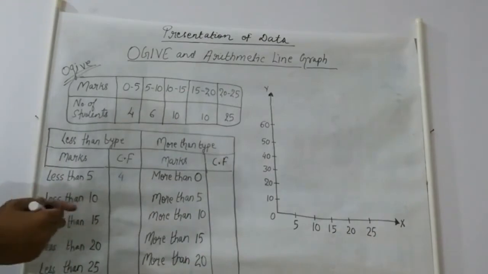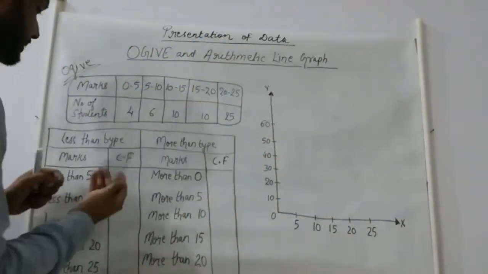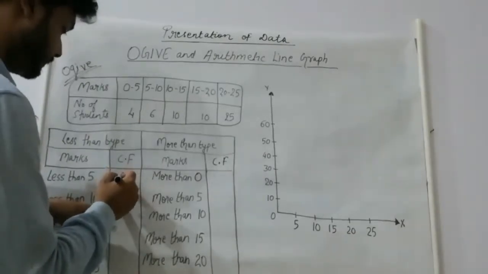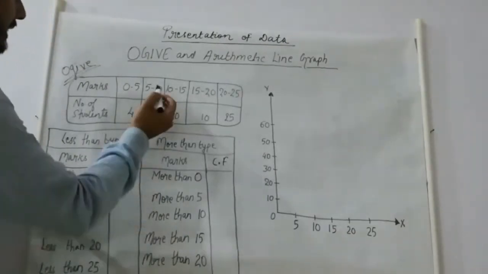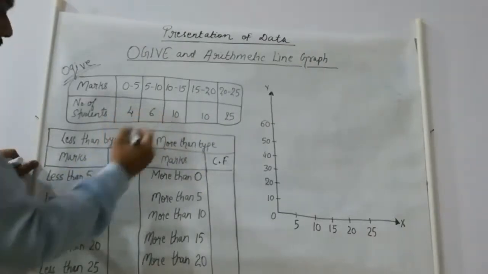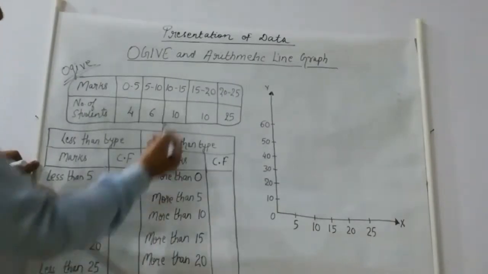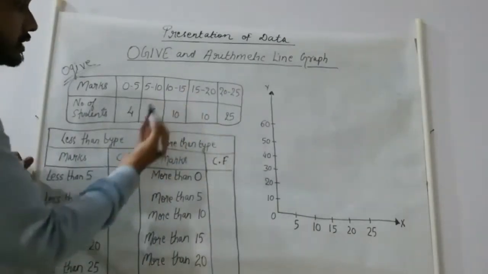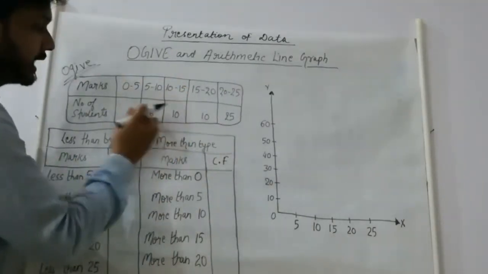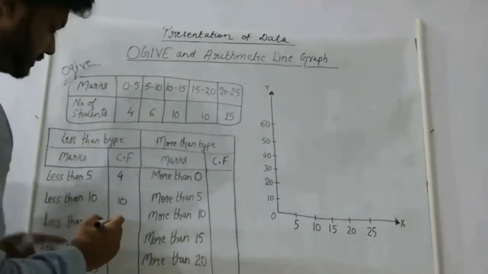Okay, then less than 10 is given, so let us see how much will come in less than 10. Less than 10, so less than 10 is 4 and this 6, that is 10. Less than 15, so less than 15 will be this and all these two: 6 plus 4 plus 10, that is 20.